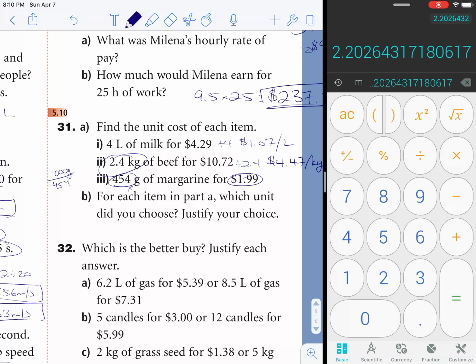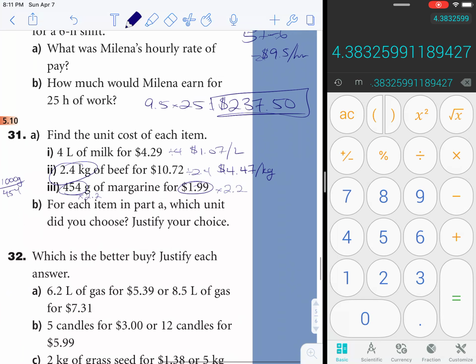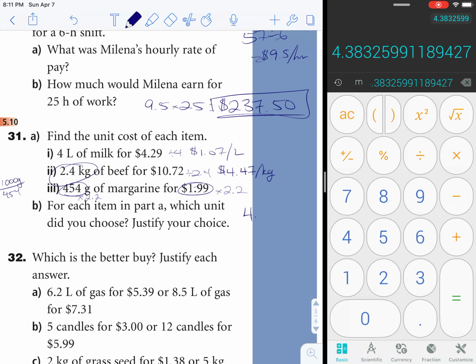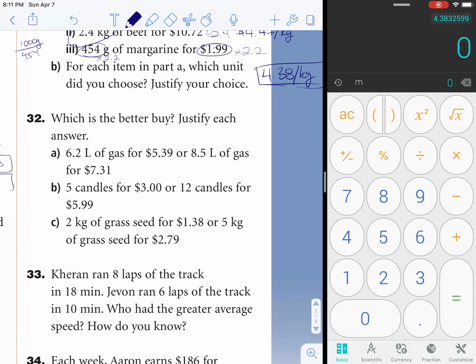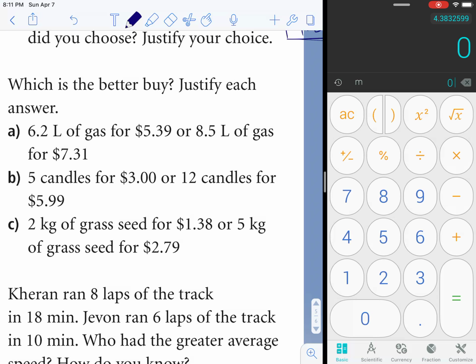So if we multiply this by 2.2, you'll get a kilogram. So let's multiply $1.99 by 2.2. So this one I would choose to put it as 438 per kilogram, and that's a little bit easier than that tiny little number. Okay, better buy, so 6.2 liters.